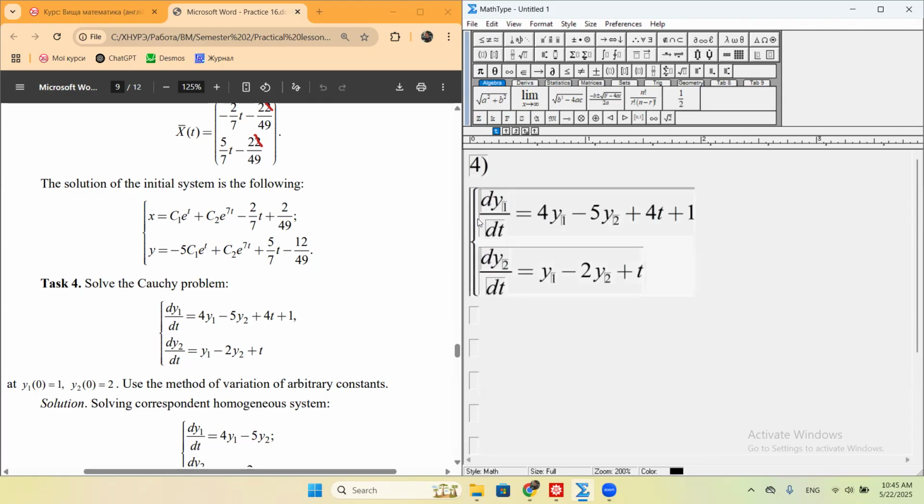So solving, and by the way, writing down the initial conditions. The system is of second order, so two initial conditions: y1 of 0 equals 1 and y2 of 0 equals 2.